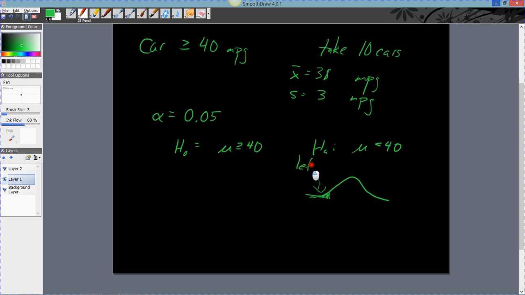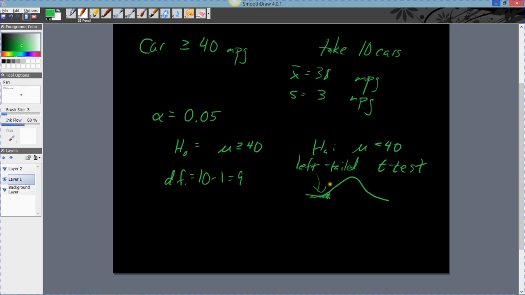We're doing a left tail test. And we know it's a t-test because our sample size is 10, which is less than 30. The degrees of freedom is always 1 less than the sample size, so it's 9.